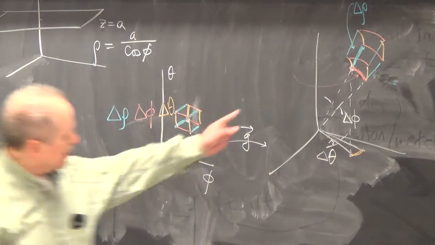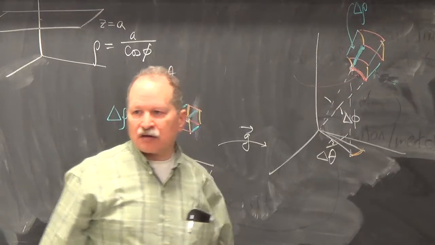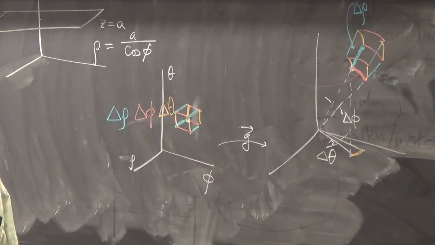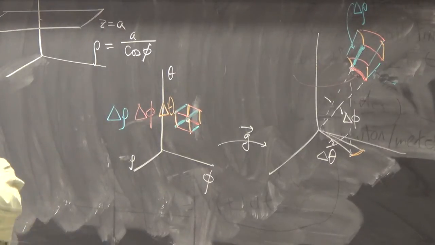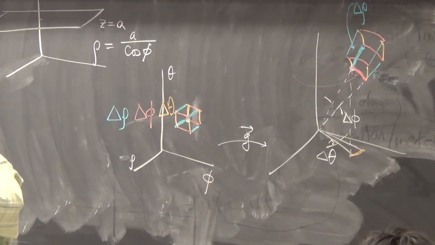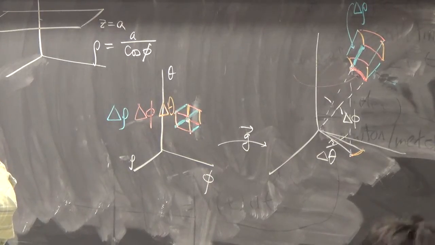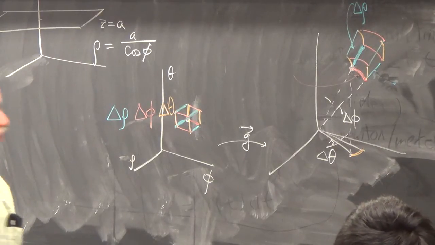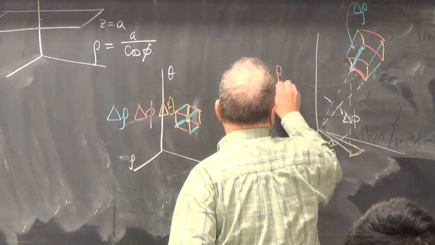What length does that give me here? On a circle, if you have an angle delta phi, what arc length do you get? Delta phi times the radius, and the radius is rho. So this length is rho delta phi.